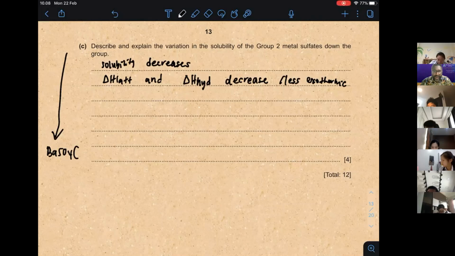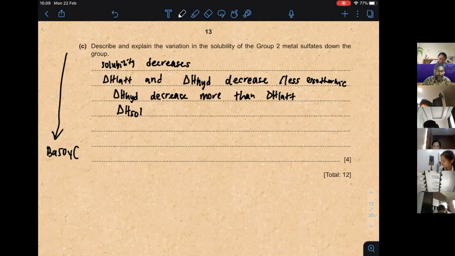Hydration decreases more than lattice energy, and this is going to make the enthalpy of solution become more endothermic, or more positive. The more positive it is, the less soluble it is. So this is going to become more endothermic.